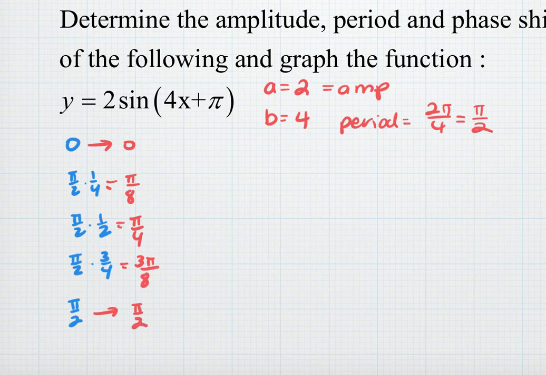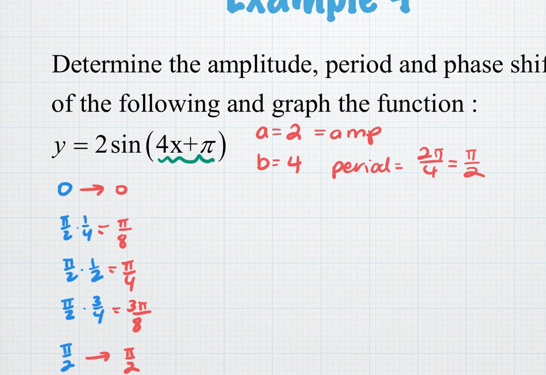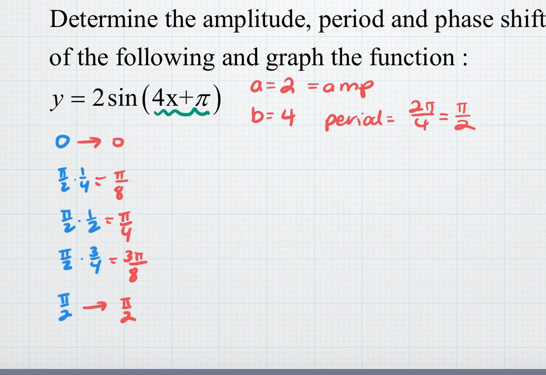Now those are your key points without the phase shift. As soon as you see the parentheses with something added or subtracted from the x, hopefully that's your indicator that there's a phase shift.